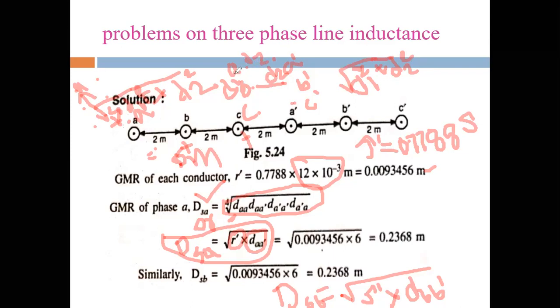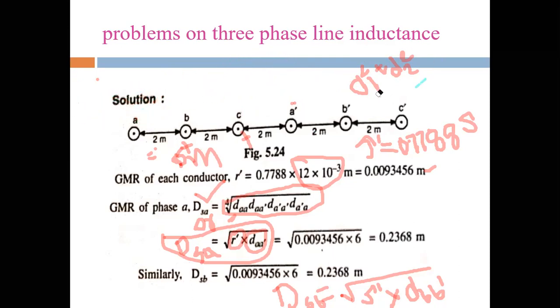That is the distance between A to B dash or A dash to B, or B dash to C or B to C dash. This is when the conductors are arranged in parallel. But in this case, the conductors are arranged in the horizontal plane.